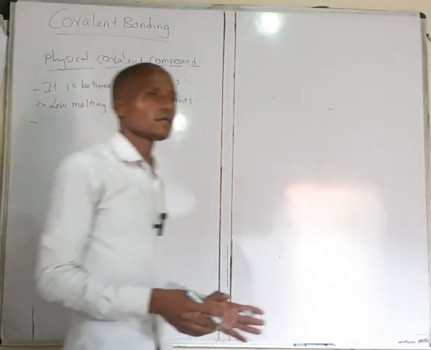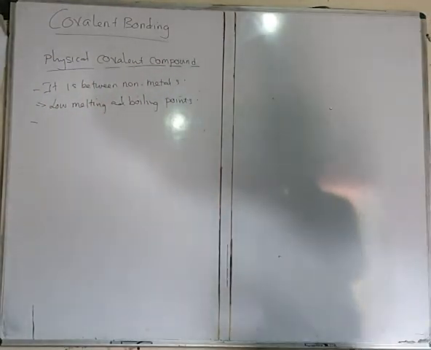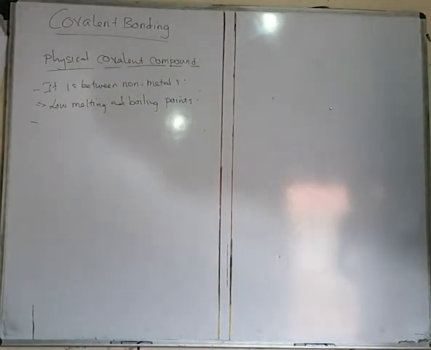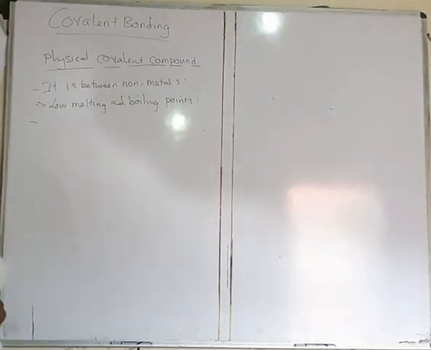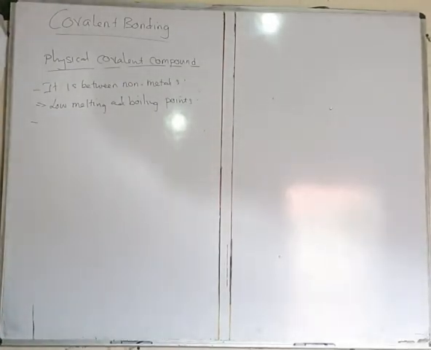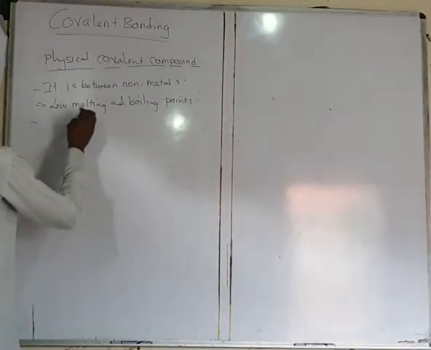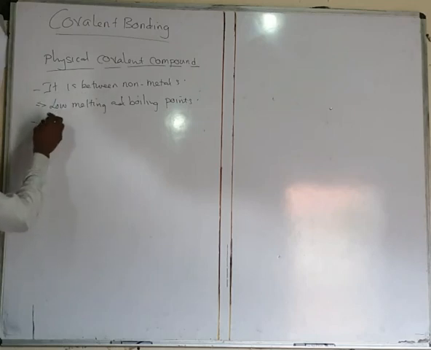Covalent compounds are soluble in organic solvent but insoluble in water. It can't dissolve in water, but it can easily dissolve in organic solvent.